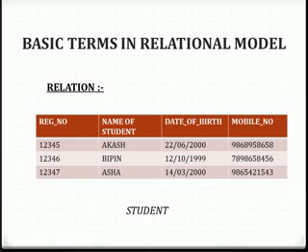So we will say that this is a relation, and the name of the relation is student. The term relation means the table. Okay, now let's go to the next term.